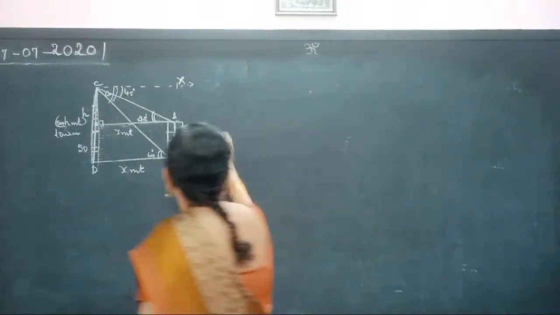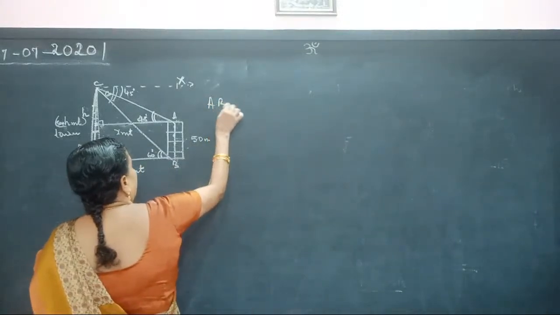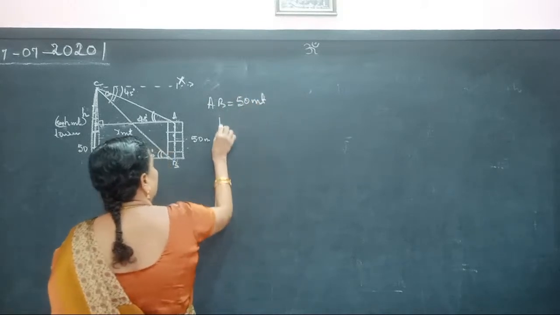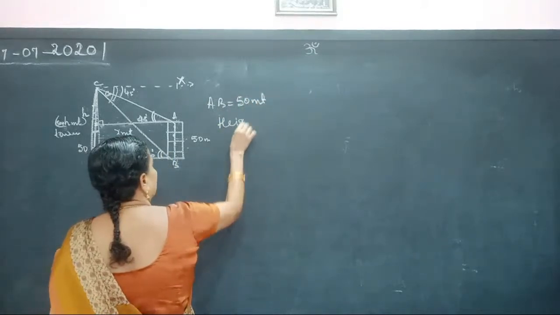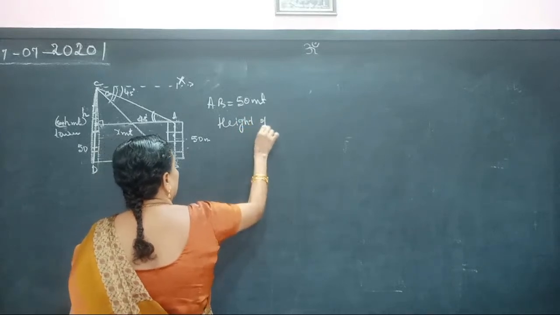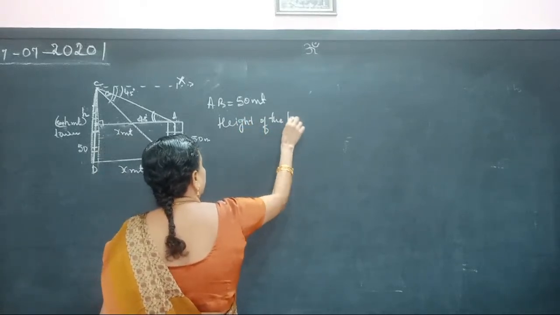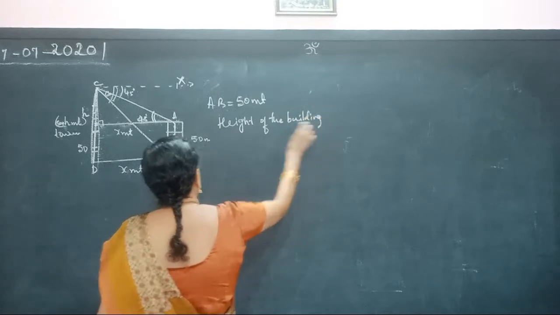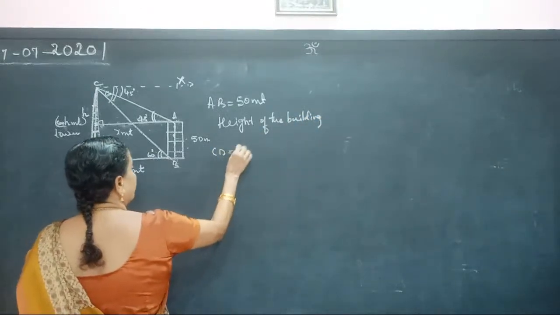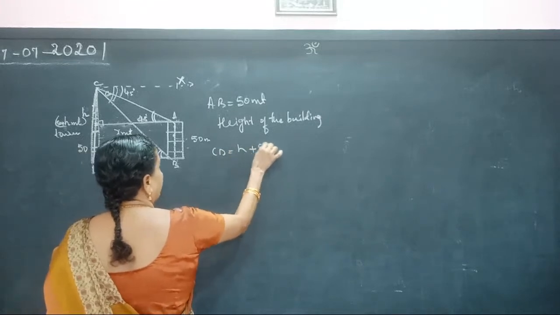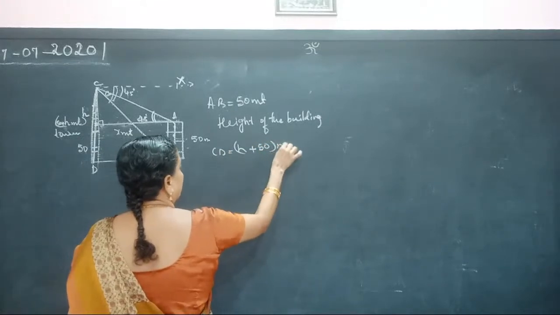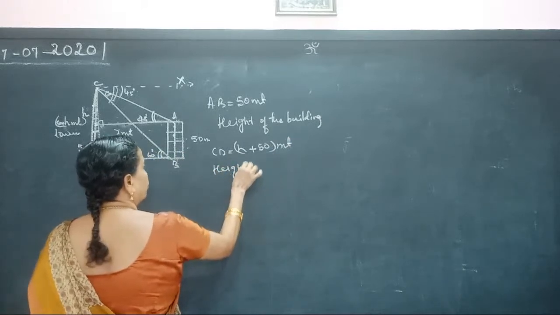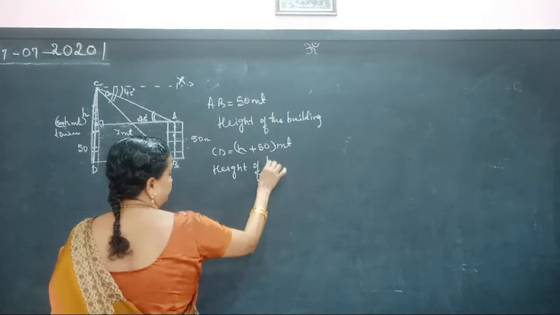Here, AB equals 50 meter, height of the building. CD equals h plus 50 meter, height of the tower.